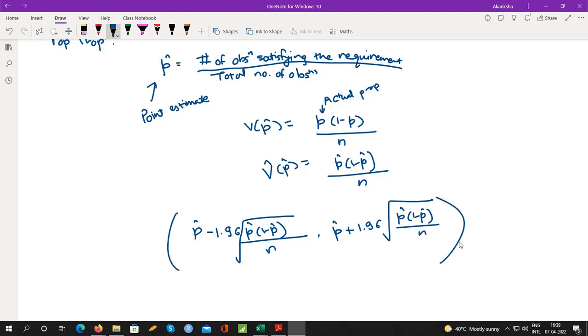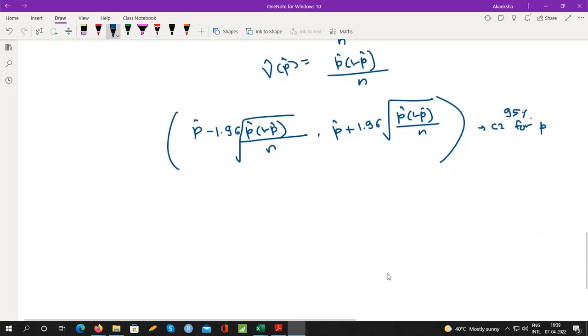This gives me the confidence interval for population proportion, a 95% confidence interval. If I want a 90% interval, I have to replace 1.96 by 1.645. That is the only change. That will give me a 90% confidence interval instead of 95%.